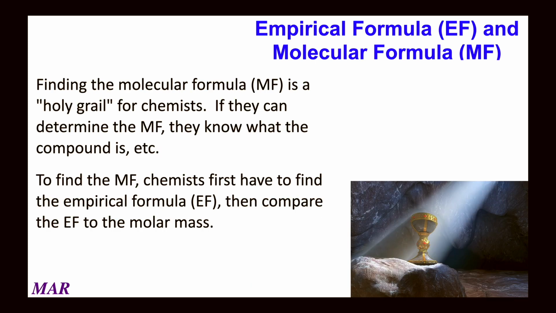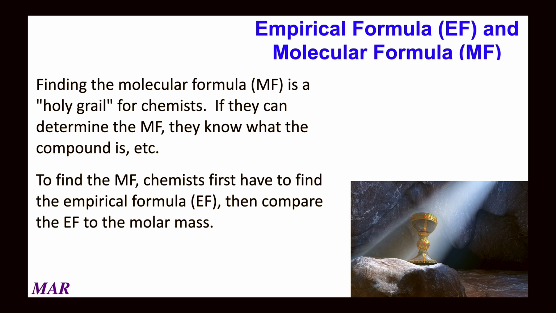This leads us to the next and final topic of this section, which is what they call the empirical formula, molecular formula. And the molecular formula is kind of like a holy grail for chemists. As I said at the beginning of this lecture, chemists a lot of times are paid for identifying compounds when it's not known. So you go pick up some sludge at your grandfather's house.